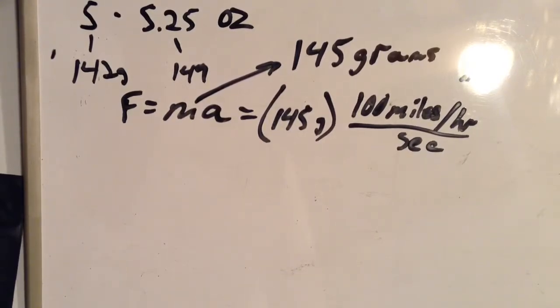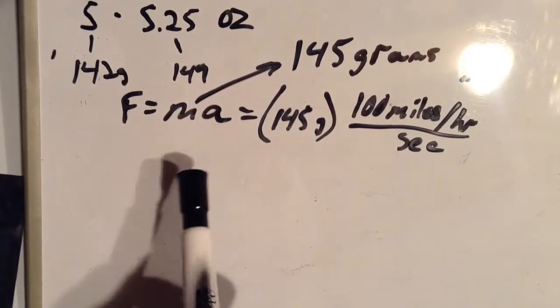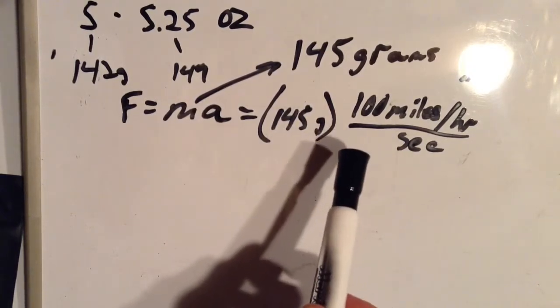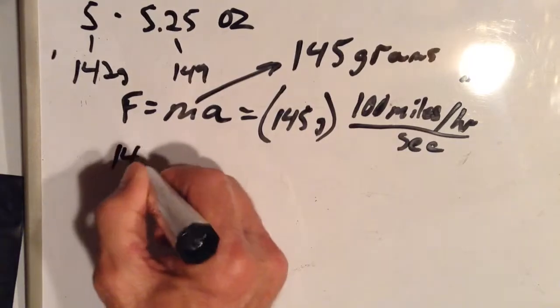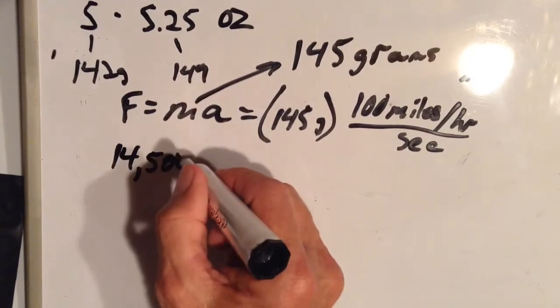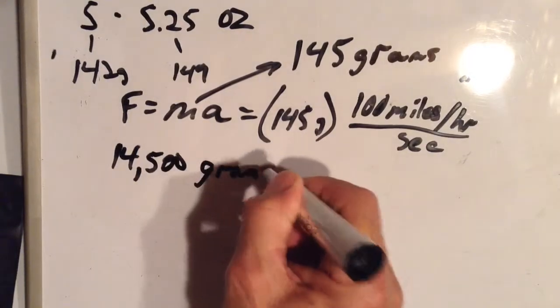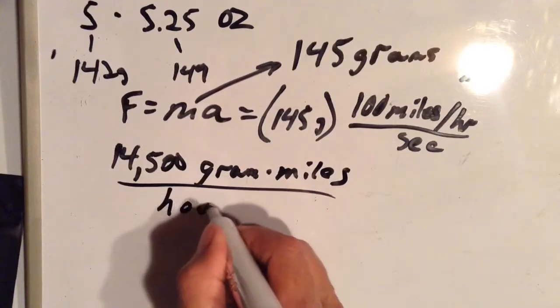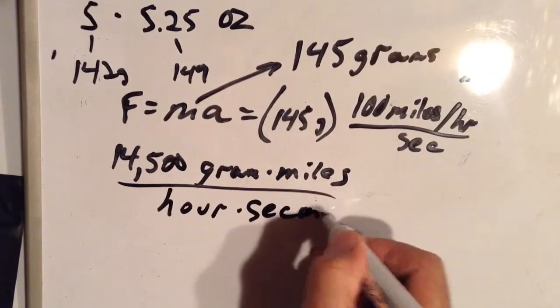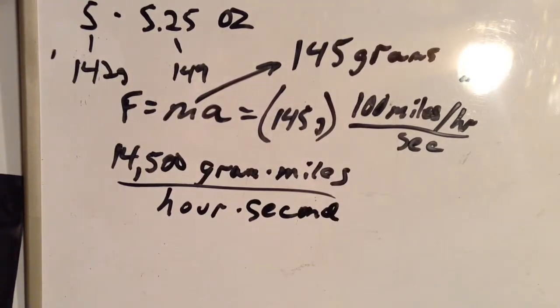So our force is 145 grams times 100 miles per hour second, which is 14,500 gram miles per hour second. I'm sure you've never heard of gram miles per hour second. It's not a term you hear every day, but we'll turn it into newtons in a minute.